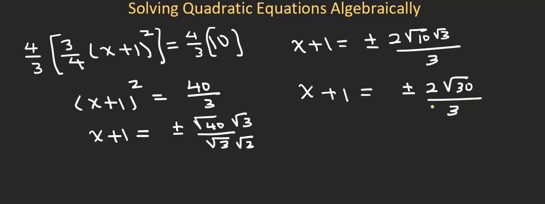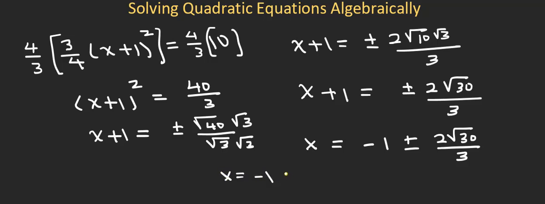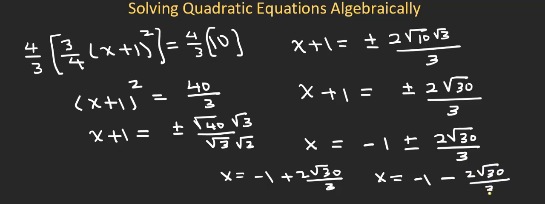But we're not done yet because we need to get rid of the positive or negative 1 term. So we're going to subtract 1 from both sides. You get negative 1 plus or minus 2 radical 30 over 3. So you have two solutions. One of them is negative 1 plus 2 radical 30 over 3, and the other one is negative 1 minus 2 radical 30 over 3.